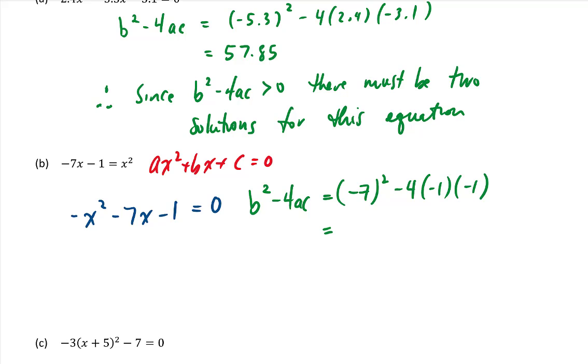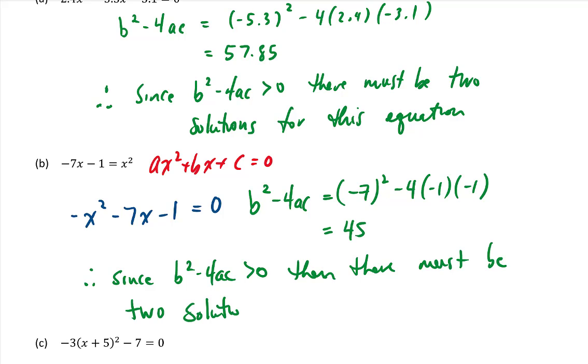We get 49, since negative 7 squared is 49, and then minus 4 gives me 45. So since b squared minus 4ac is greater than 0, there must be 2 solutions for this equation.